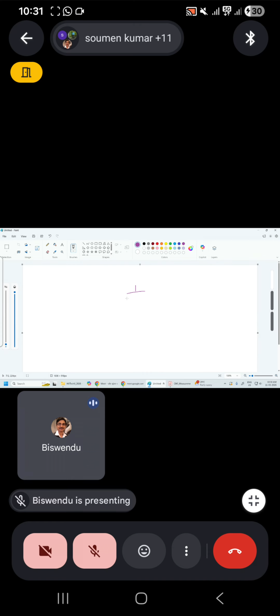We can use C1, C2, as you have done in our lab. This is the high voltage and this is the V out. So V out equals high voltage into C1 by C1 plus C2.